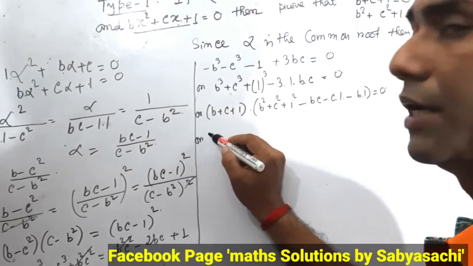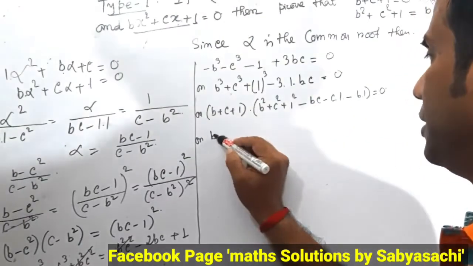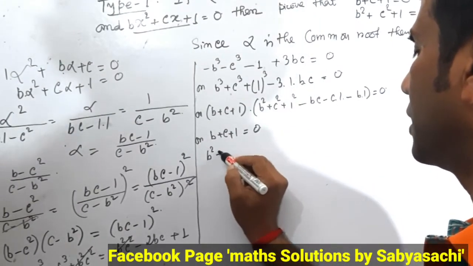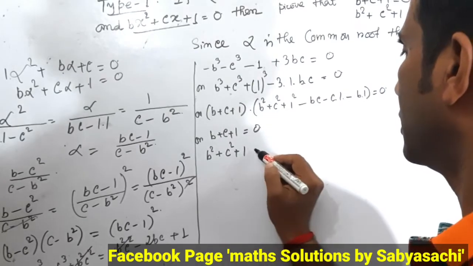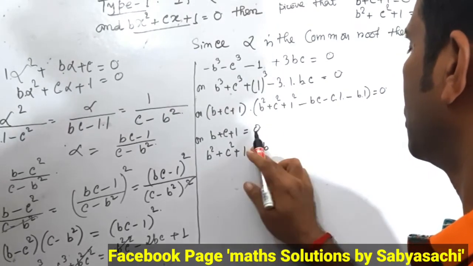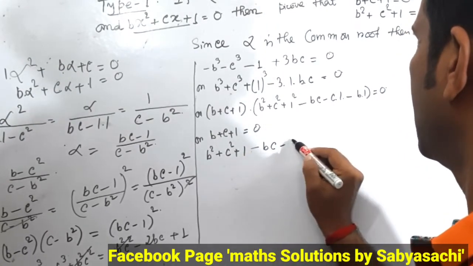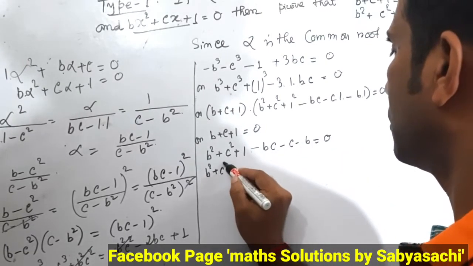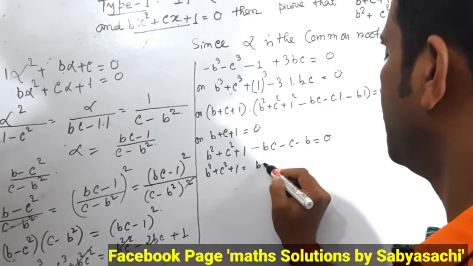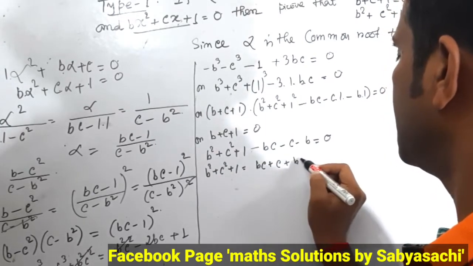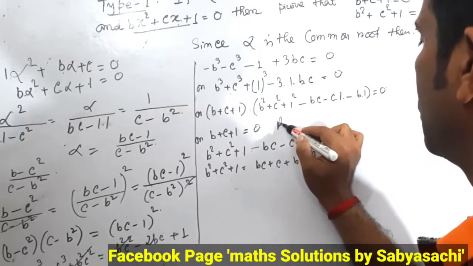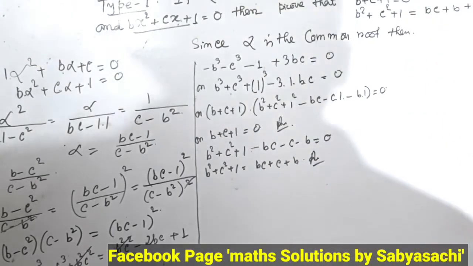From where we get b plus c plus 1 is equal to 0, or b square plus c square plus 1 is equal to bc plus c plus b. This is your proof, or this is your answer.